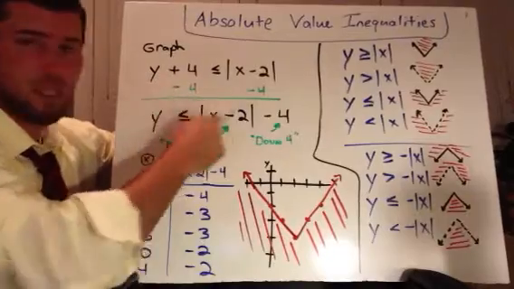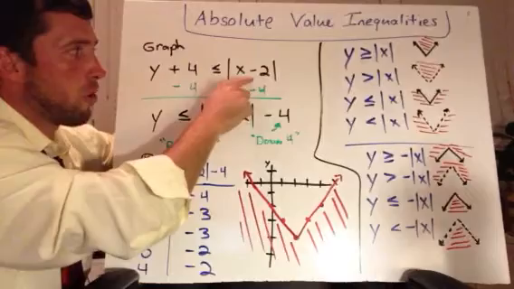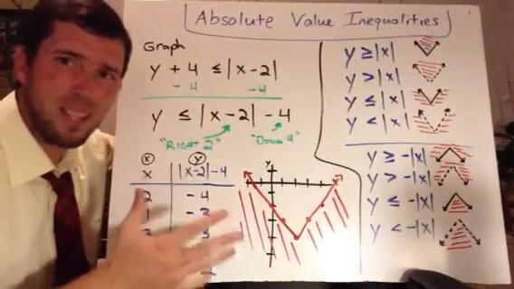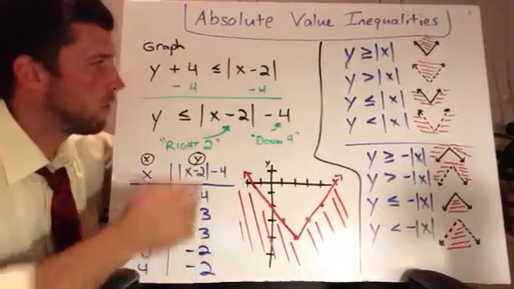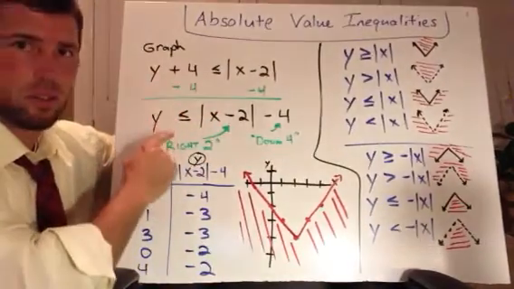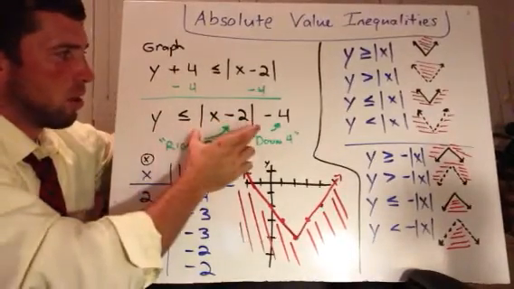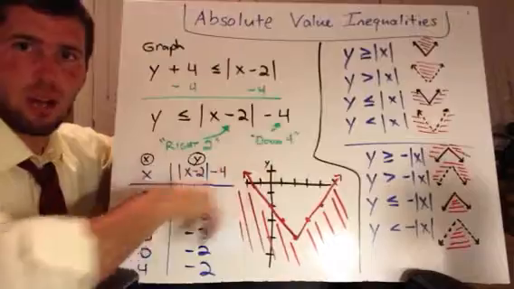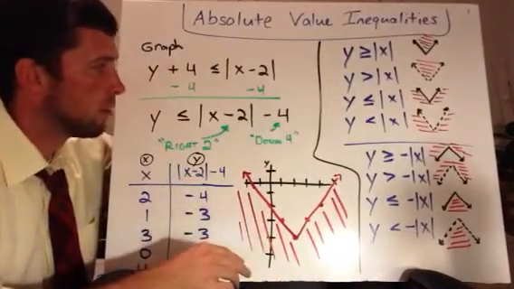I'm going to subtract it from both sides. Now, I'm not going to subtract the 4 from the negative 2, because remember, that's in bars. I cannot combine with that. So if you look at the next line, the 4 obviously canceled out on the left side. Y is less than or equal to the bars, and then the minus 4 showed up on the outside. Alright, remember how to do that. Don't combine like terms here.